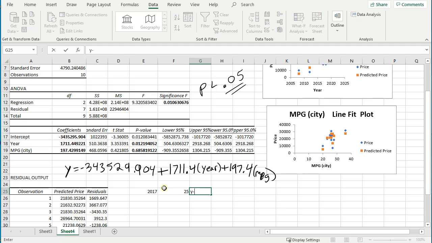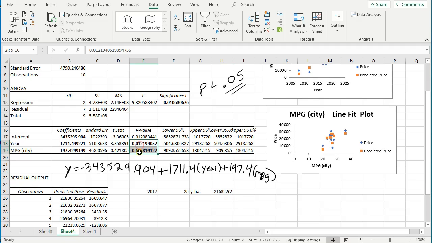So a y hat, given those two pieces of information, I would have this coefficient plus the next coefficient times whatever year I have, so 2017, plus the miles per gallon coefficient times whatever miles per gallon I have, which is 25. And then I can predict the price of the car is going to be $21,632.92.